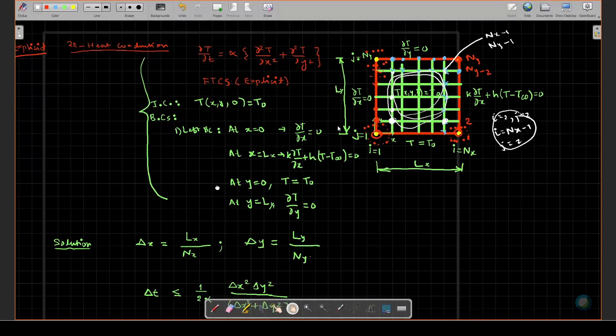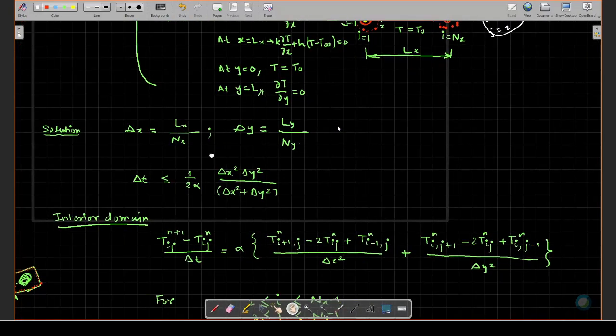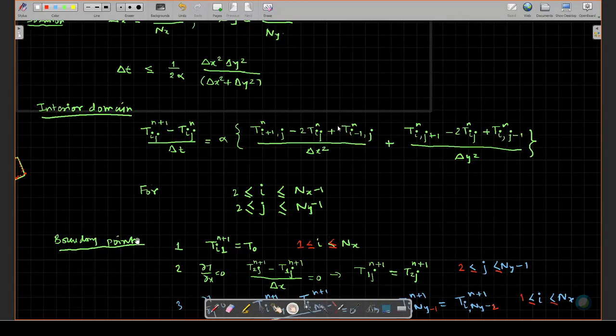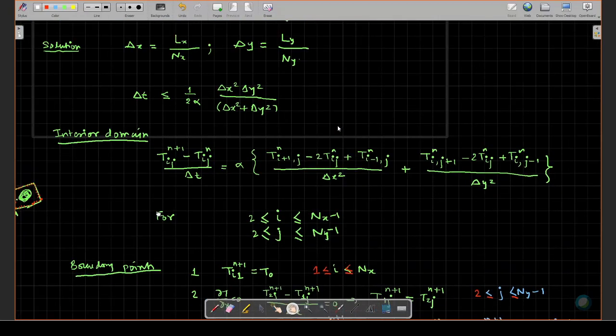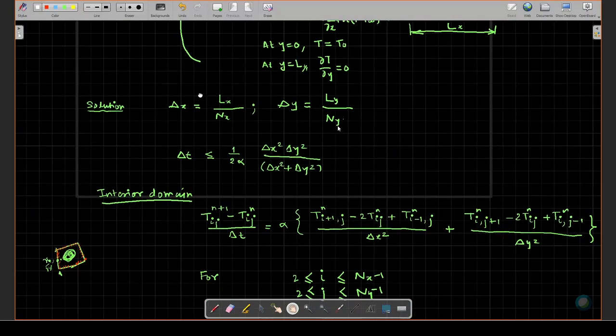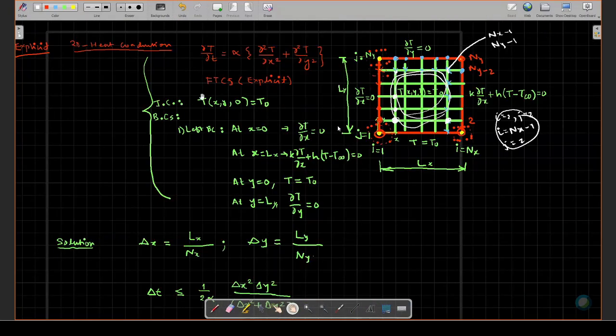Right now I haven't done anything, I am just writing boundary points. I haven't written an initial condition anywhere. Just I have given a problem. In the problem, I have mentioned that it is an initial condition. But this governing equation, you have to discretize the governing equation for i. This is also for i. You have to discretize.